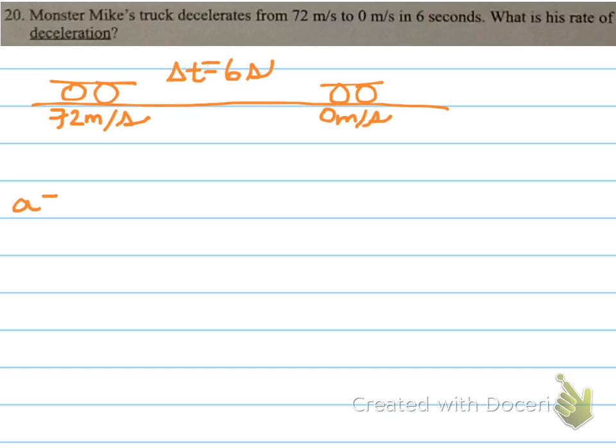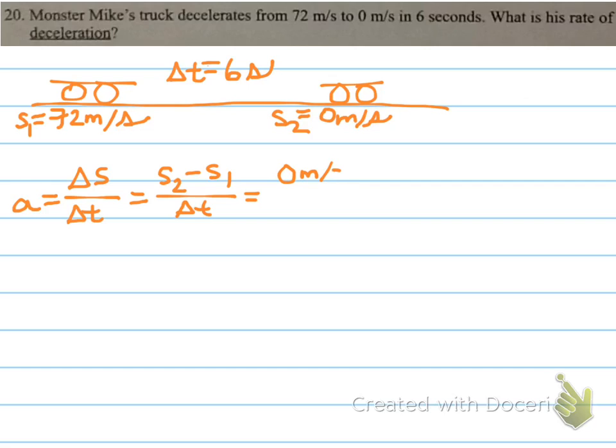It's deceleration, but it's still an acceleration. So it's going to be our change in speed because it's in a straight line over our change in time. This is our first speed, and that's our second speed. So speed 2 minus speed 1 divided by our change in time. 0 minus 72 divided by our 6 seconds.